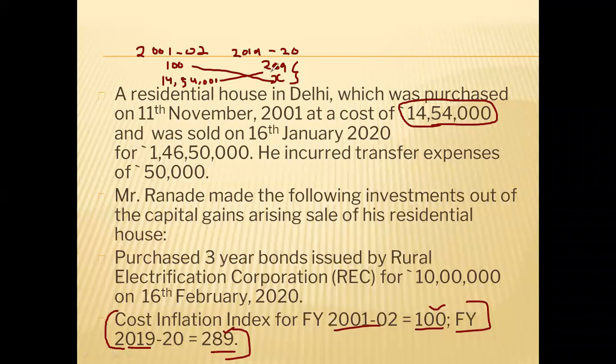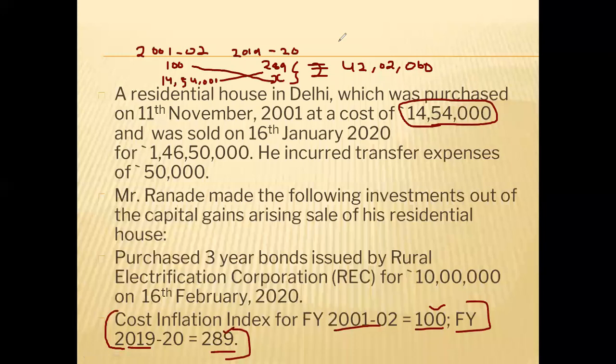14,54,000 into 289 divided by 100 is 42 lakh 2060 rupees. This will be the indexed cost, or revised cost, you can say.